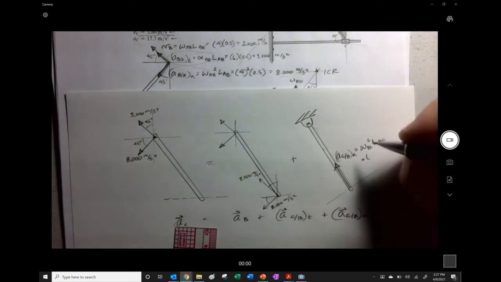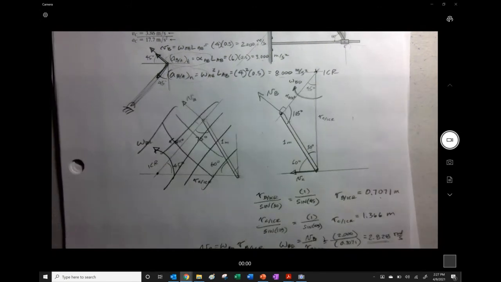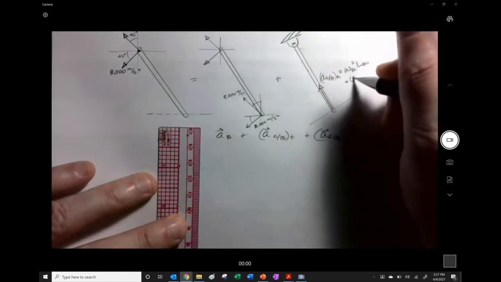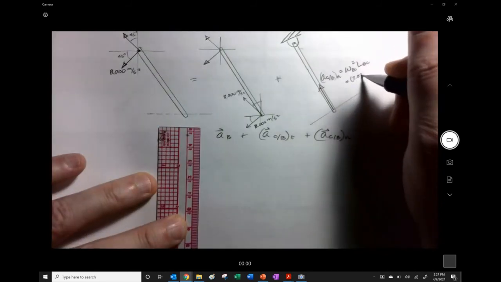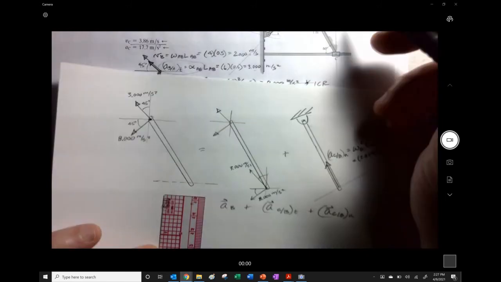And I can find him. I just found a second ago that it was 2.828 squared, and the length of it is 1 meter.